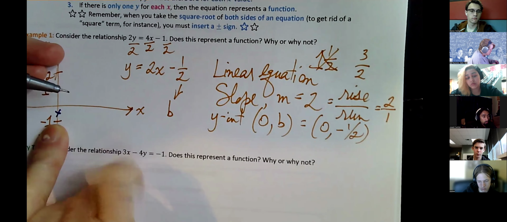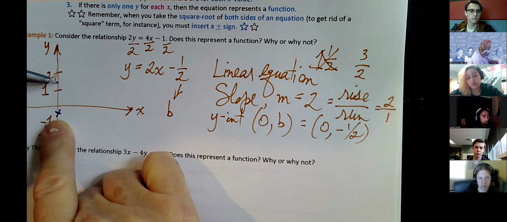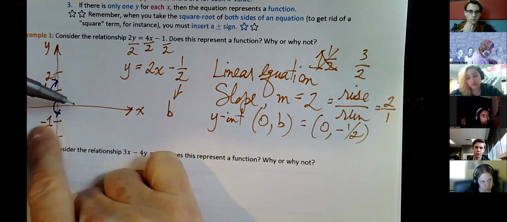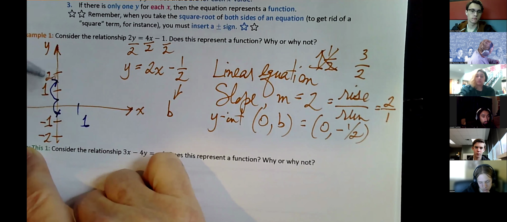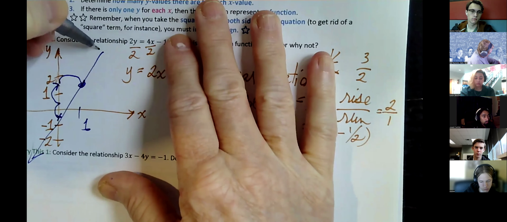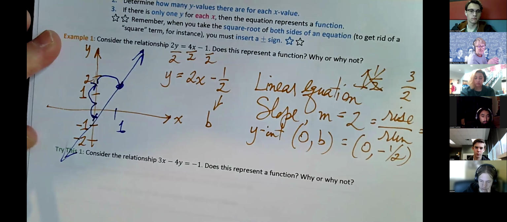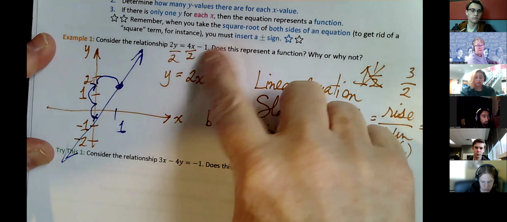So here we've got 2/1. That means we're going to go up 2, and to the right 1.